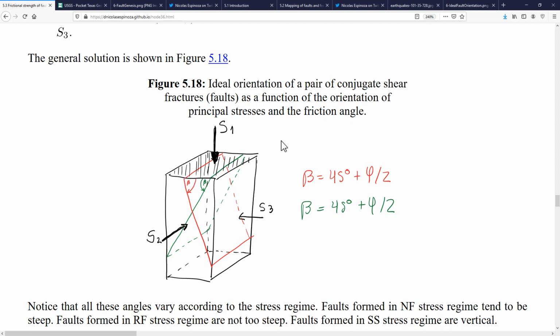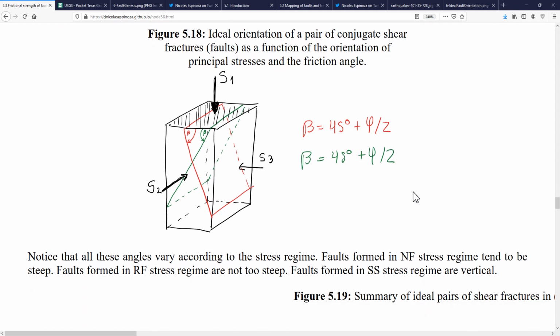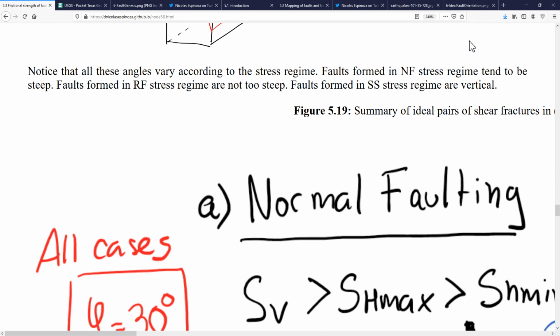So let's see this for this general case, in which, notice, this could apply to any condition. It's just written in terms of S1, S2, and S3. This is going to be always valid. Let's apply it to normal faulting, strike slip, and reverse faulting. And this is what is next, figure 5.19.